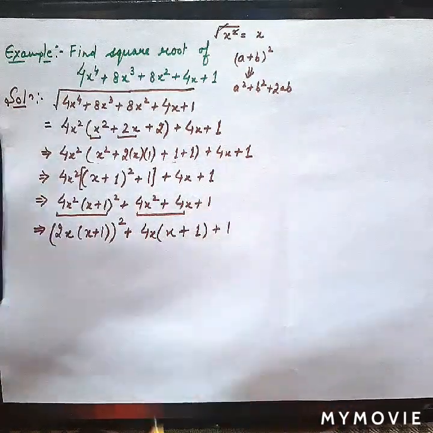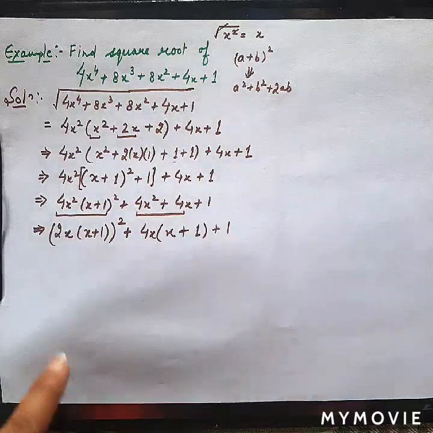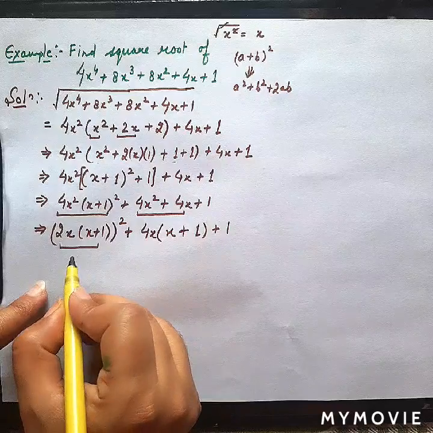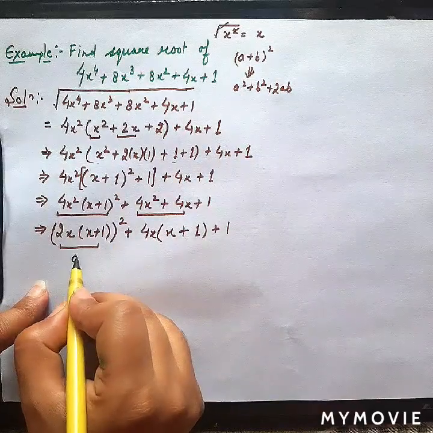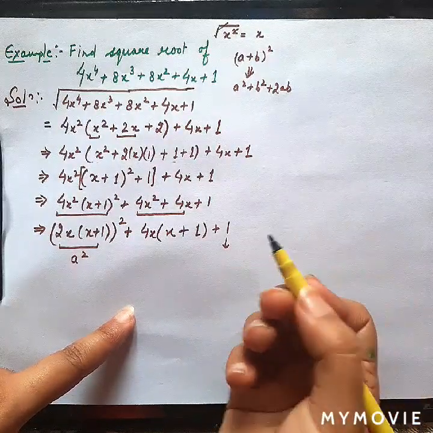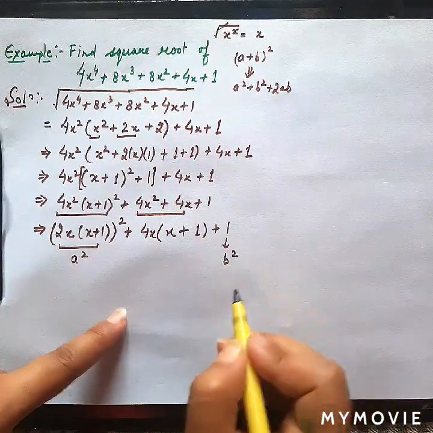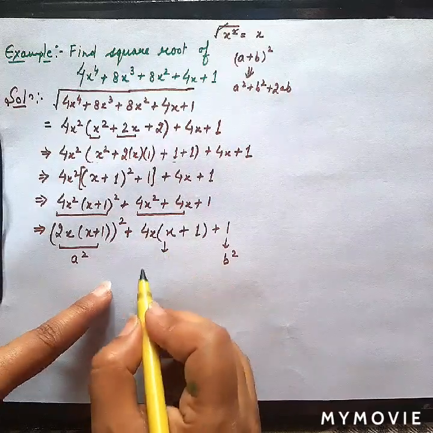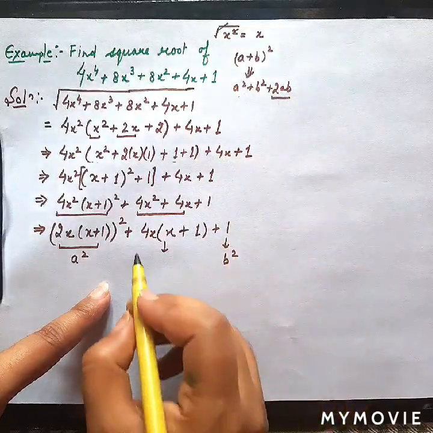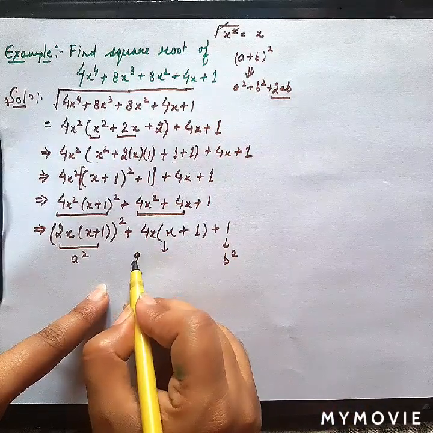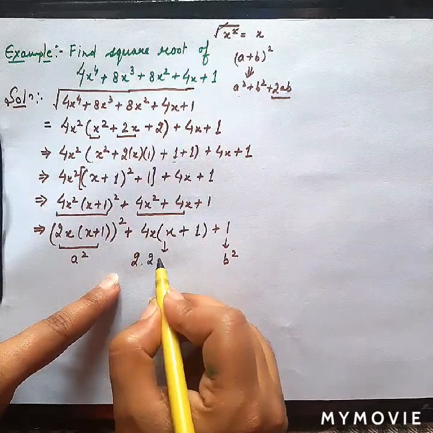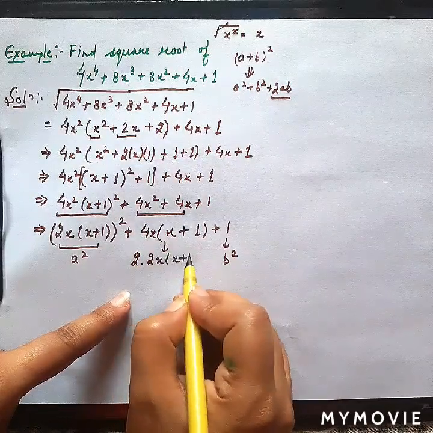Now as you can see, we have this term, something of a square. So can I write this as a square? And here 1 can be written as 1^2, so this is b^2. We need to break this so that we can write it in terms of a^2 + b^2 + 2ab. So take 2 as common, then here we will be left with 2x(x + 1).